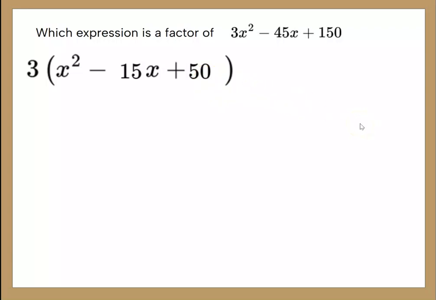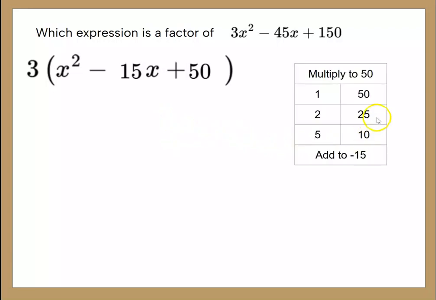parentheses. Now as I think about this, I need to think of two things that multiply to give me 50 and add to give me negative 15. You may have been shown this little chart that gives you the multiply to 50 at the top, and then at the bottom I'm trying to add to negative 15.